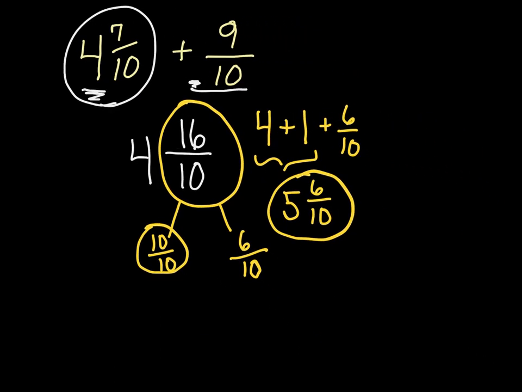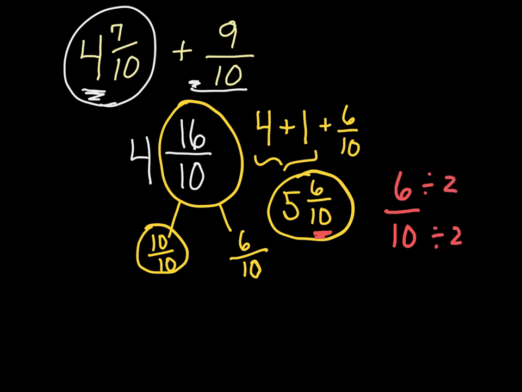But again, I always like to show you that you need to simplify, get into that habit. 6/10 can be reduced, simplified. What factor do 6 and 10 have in common? The only one they have in common is a 2.